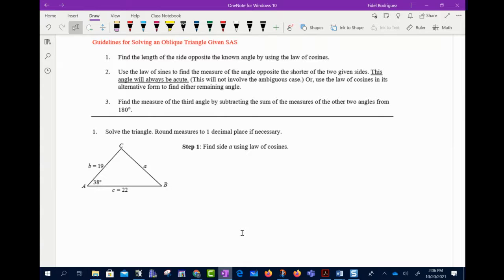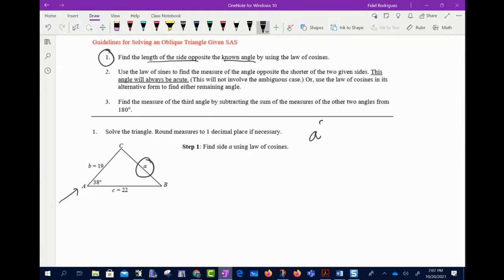So let's see what they're talking about here. Let's go through the process looking at step number 1. We're going to find the length of the side opposite the known angle using the law of cosines. We want to look for A, because we already know this angle A, and it's telling me we need to find the length of the side opposite the known angle.